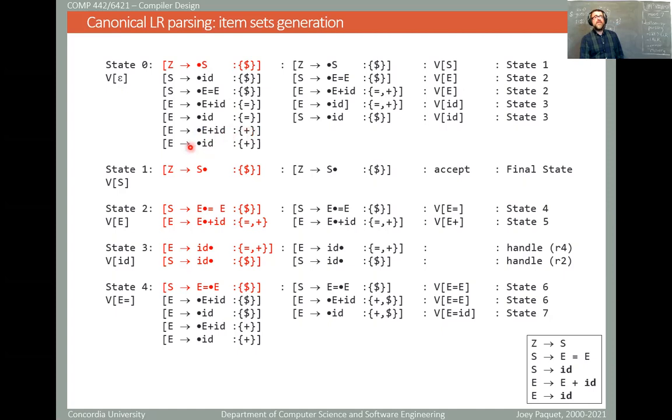And the same thing with E gives ID, replacing this one, that would be E gives ID followed by plus, which I already have. So I already have all the items in my item set. Okay, so you see that it's a little bit different. The definition of the closure is different because you've added this notion of the look ahead set.